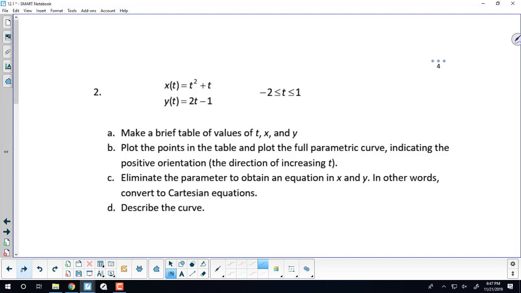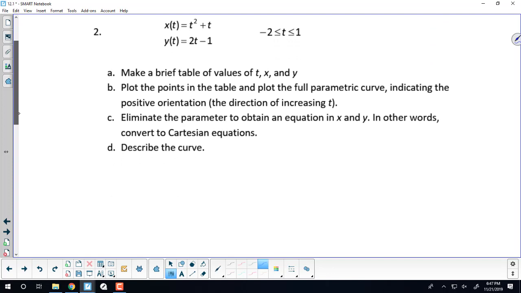So we'll do this one with the hopes that it'll kind of take care of the first example. So we have x is t squared plus t and y is 2t minus 1 for t between -2 and 1. Again, we're going to make a table of values and plot the points.